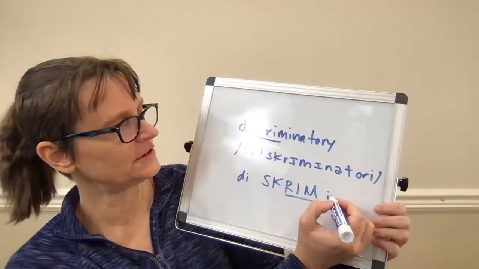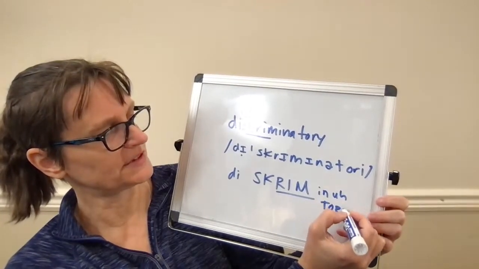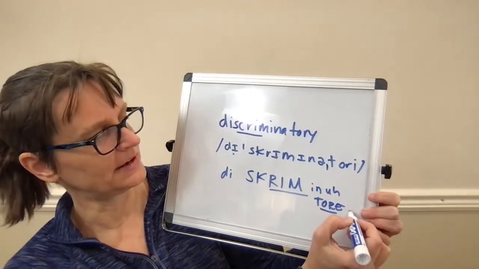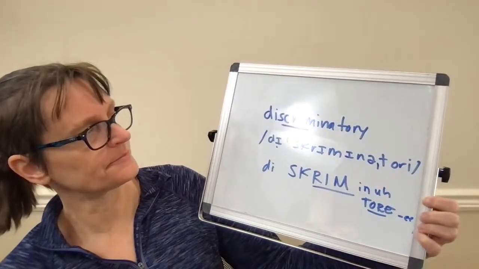And then discrimin, tor. We have some secondary stress there. Tor, and then ending with an e. Discriminatory. Yeah, tough words you asked about. Thank you for those requests. I hope that helps you. All right. Nice to see you.